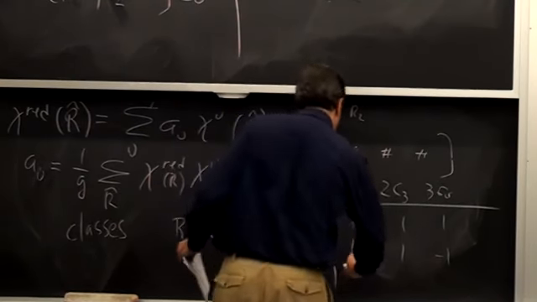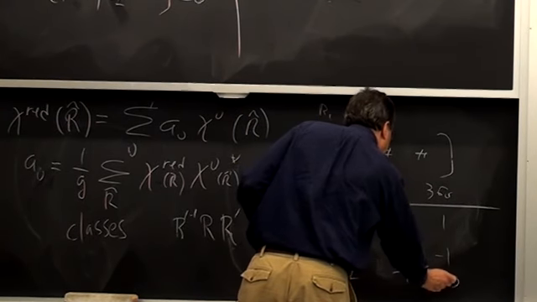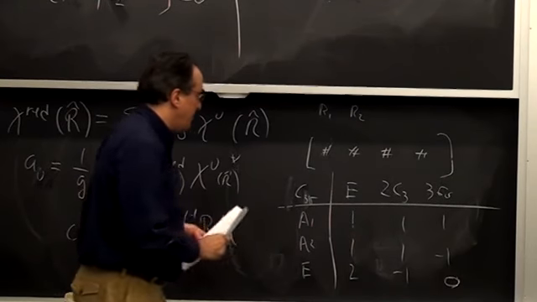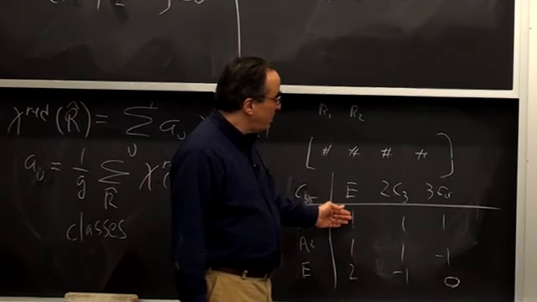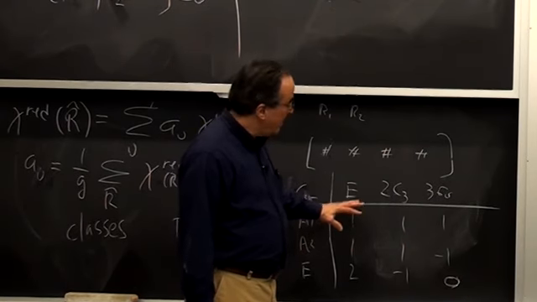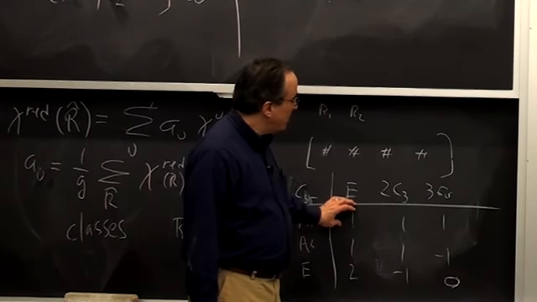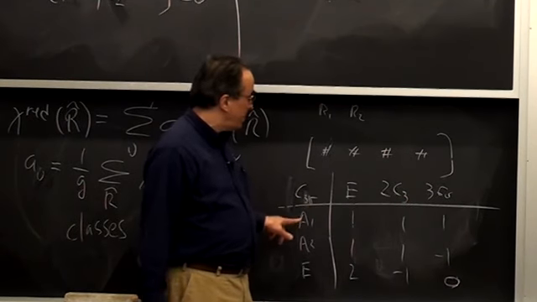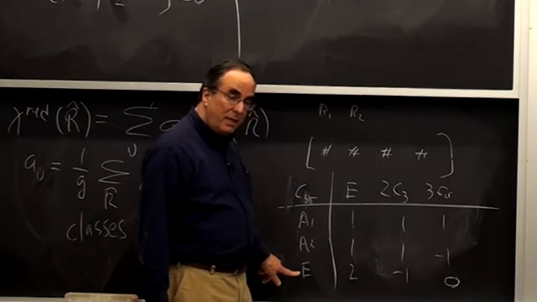And E has this form. There are some rules about this, but okay, this is the character table. You have a set of numbers that you generate by, say, having a 3n dimensional representation, and so we get a reducible representation. And then we ask, how many times does A1 appear in it? How many times does A2? How many times does E appear in it?